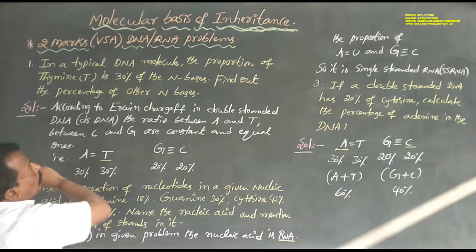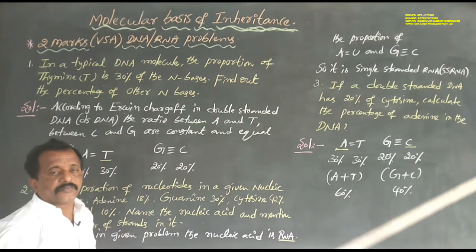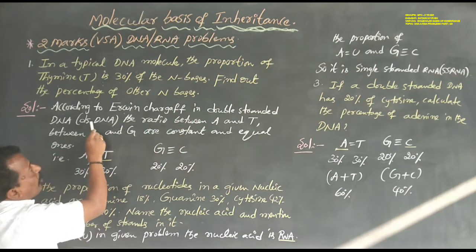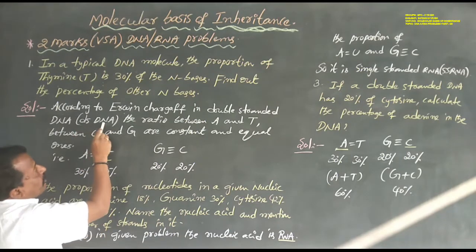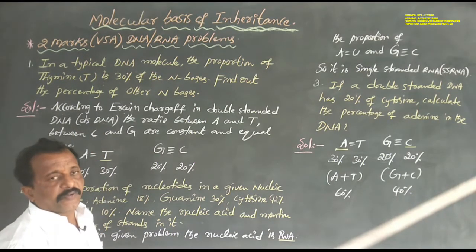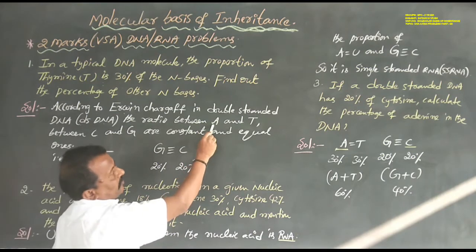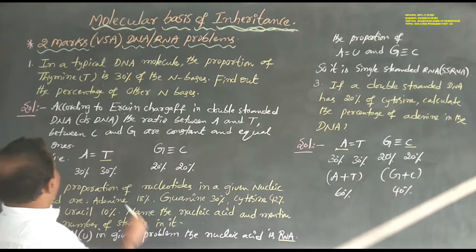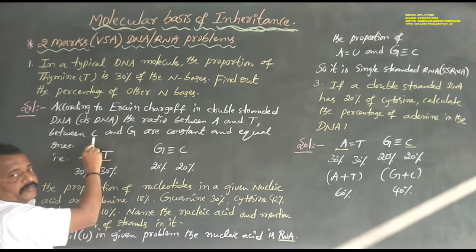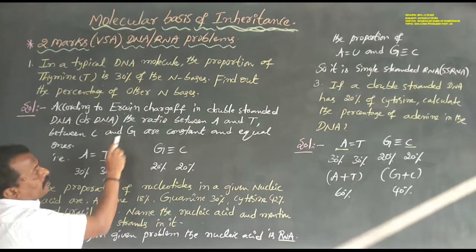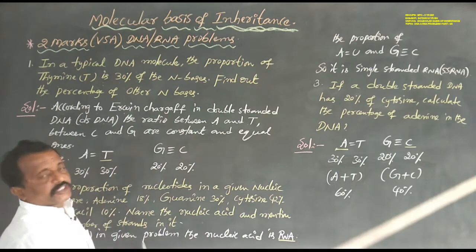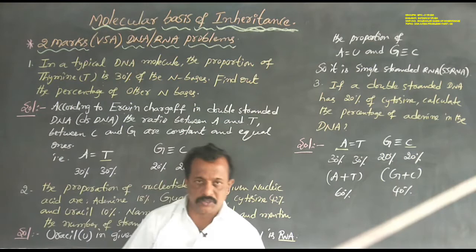According to Erwin Chargaff, in a double stranded DNA molecule, that is dsDNA, the ratio between adenine, that is A, and thymine, that is T, and between cytosine, that is C, and guanine, that is G, is always constant and equal.